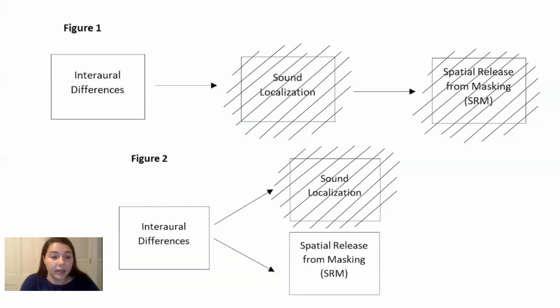But it's unclear if both of those follow the same mechanism. So if you test a situation in which both are present, it's hard to determine one specific figure because there are two different kinds of masking going on, which could have two different mechanisms. So we're focusing specifically on spatial release from informational masking.